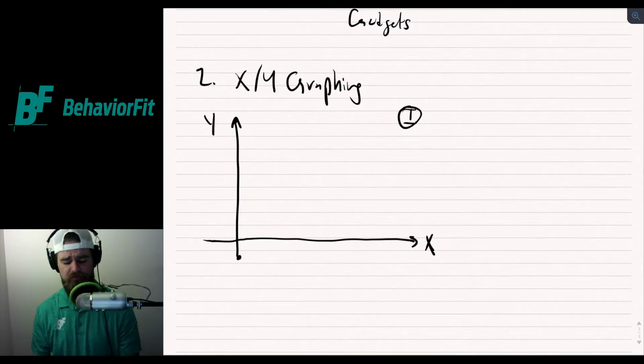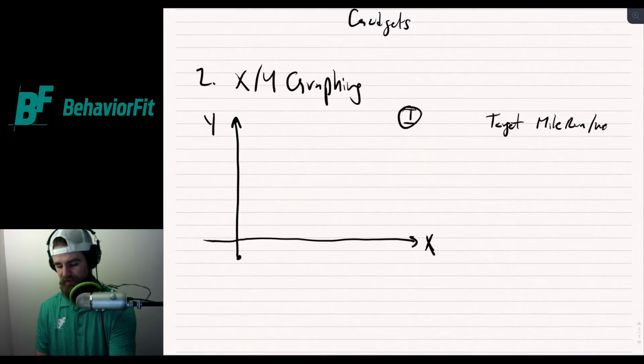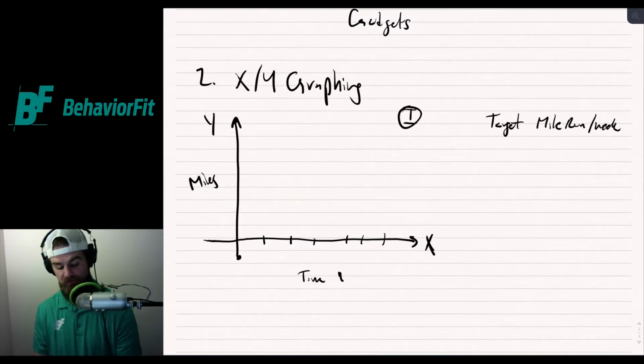XY graphing, what we need to do then is select some target, right? Let's say it's miles run per week. That's going to be on the y-axis, miles here. Then on the x, you're going to put some type of time measure usually. So time, this is going to be in weeks.